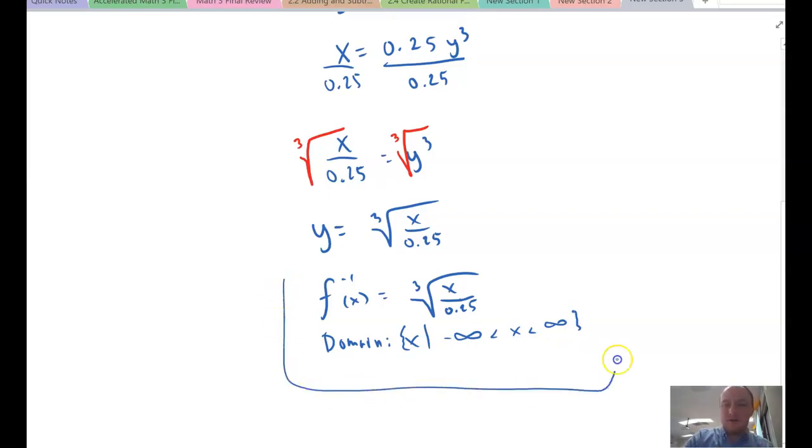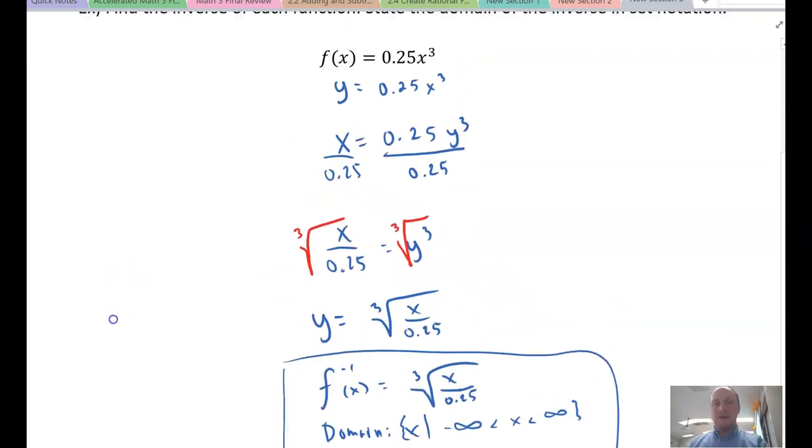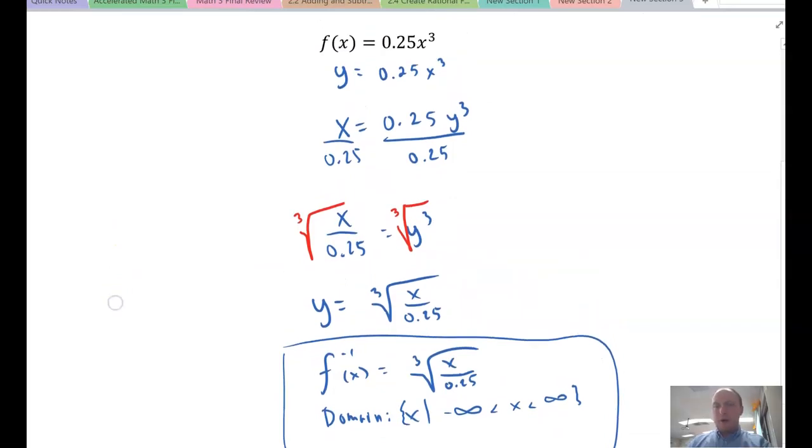Here's our inverse. Now, the other thing I want to talk about with this problem is maybe that x being divided by 0.25 is kind of bugging you. It would bug me when I get to this step here. I'm going to rewrite this. x is equal to 1/4 of y cubed, right? Isn't a quarter worth 25 cents? Oh, yes, it is.